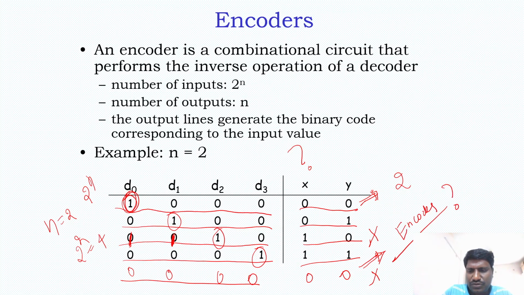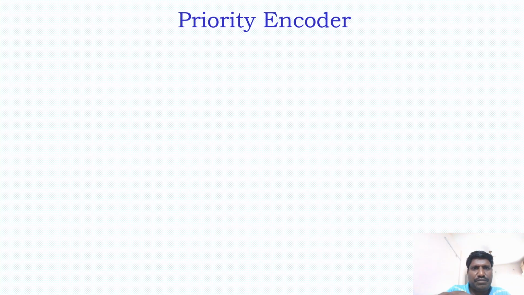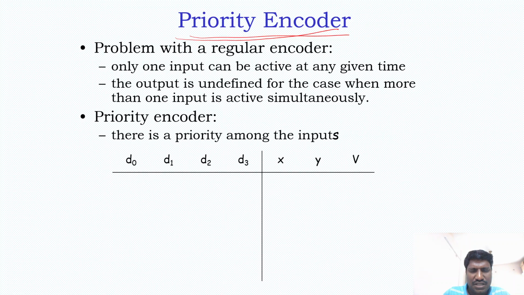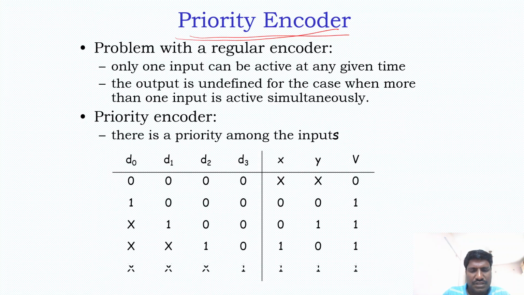To resolve this issue, we are going for priority encoder. In this priority encoder, we are trying to solve all the issues that we are facing in the normal encoder. What are the issues that we have?